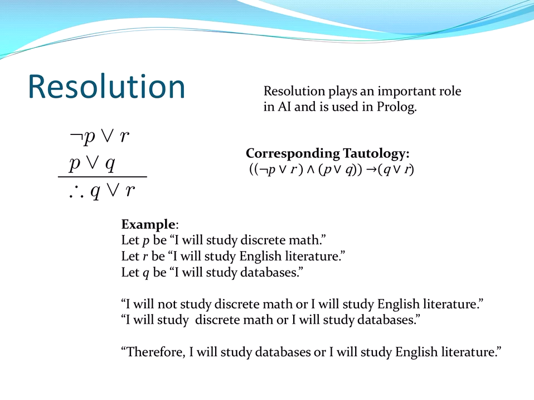Since we don't know whether P is true or not true, we can conclude, therefore, I will study databases, or I will study English literature. We don't know which, but we know that at least one of them must be true. And those are the rules of inference.